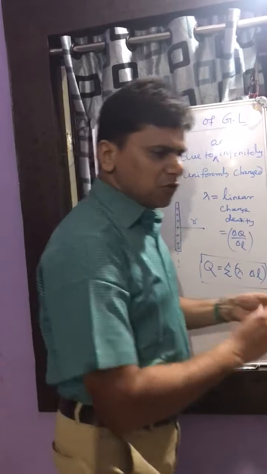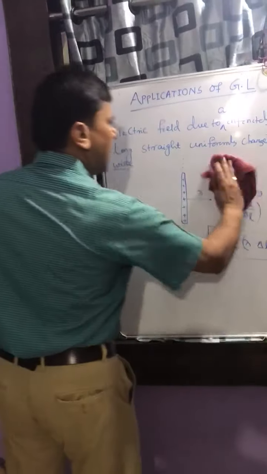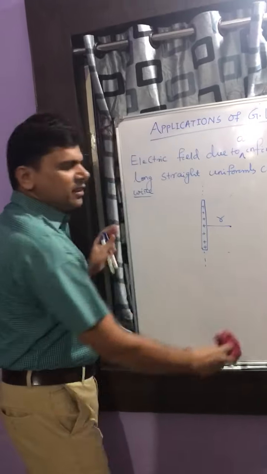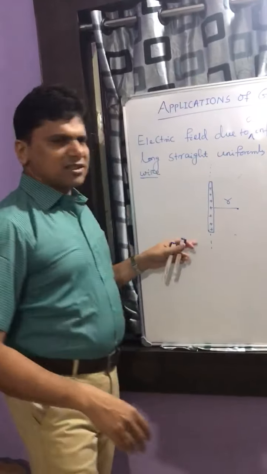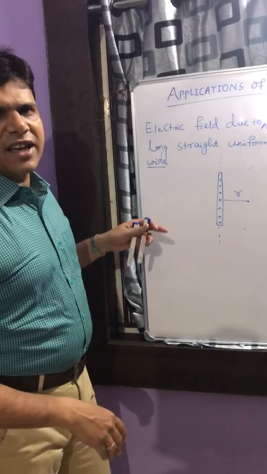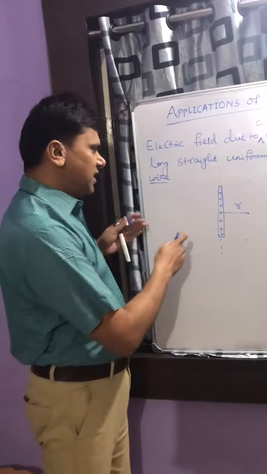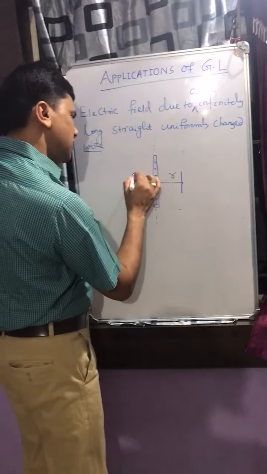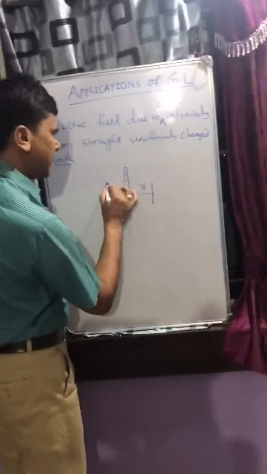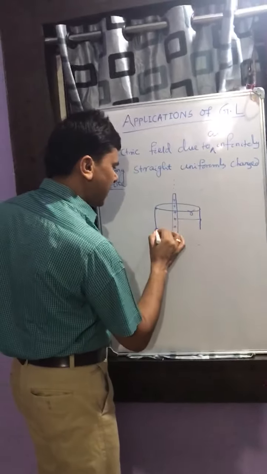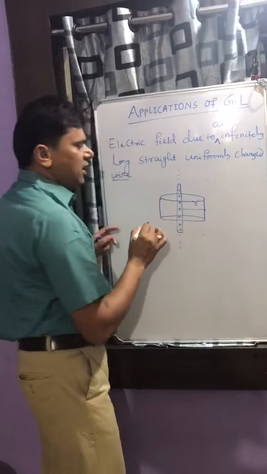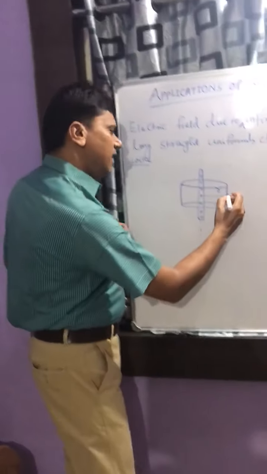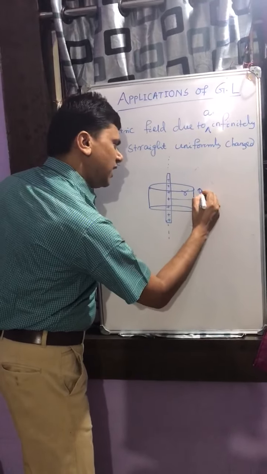To find that out, as I have told you earlier, to apply Gauss law we have to take a Gaussian surface. In this case we take a Gaussian surface in the shape of a cylinder. This is the cylinder I am taking, having radius r, and its length is, let us say, small l.